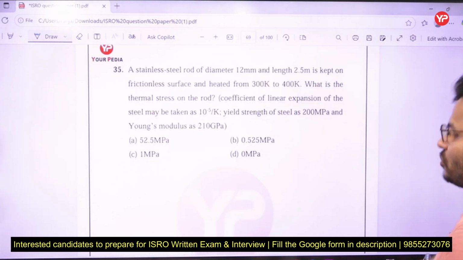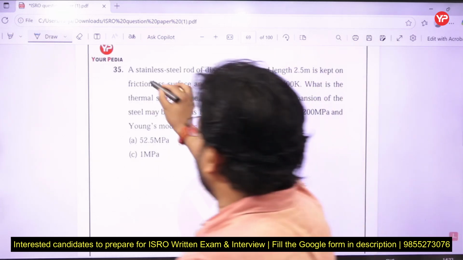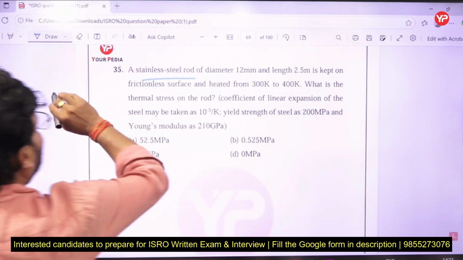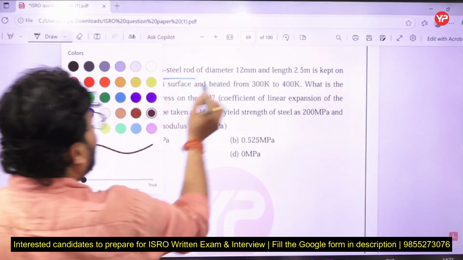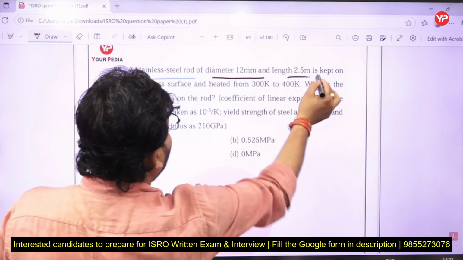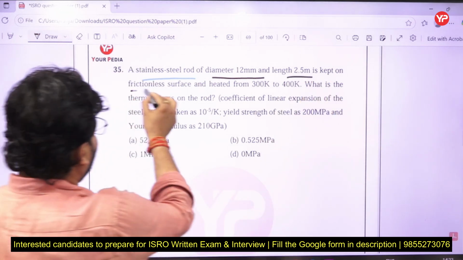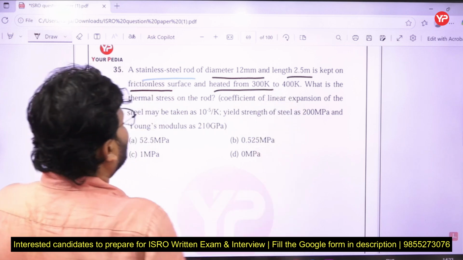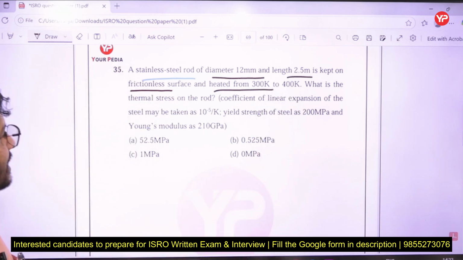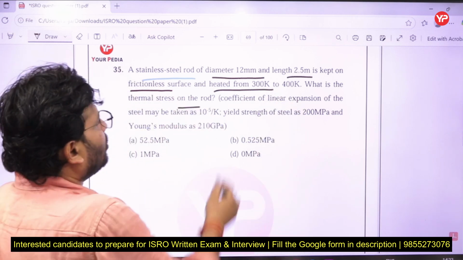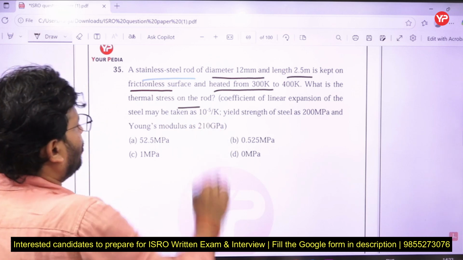Now that is the next question. A stainless steel rod of diameter 12 mm and length 2.5 meter is kept on a frictionless surface and heated from 300 Kelvin to 400 Kelvin. What is the thermal stress on the rod? The coefficient of linear expansion and the rest are given here.